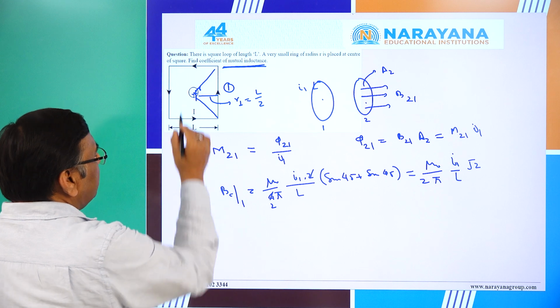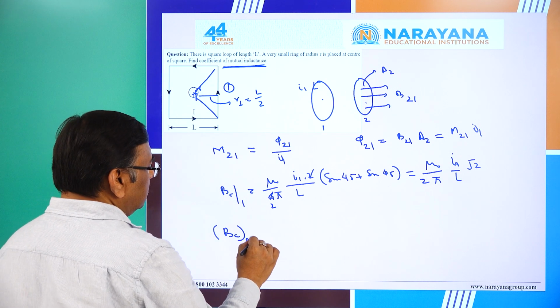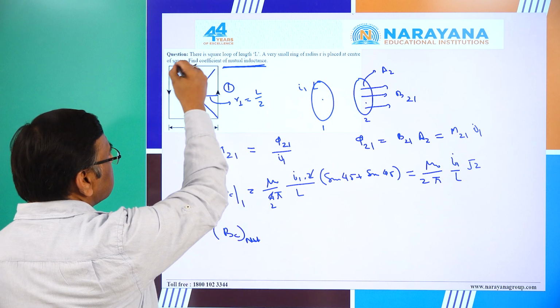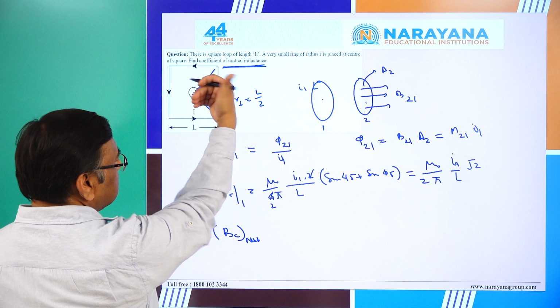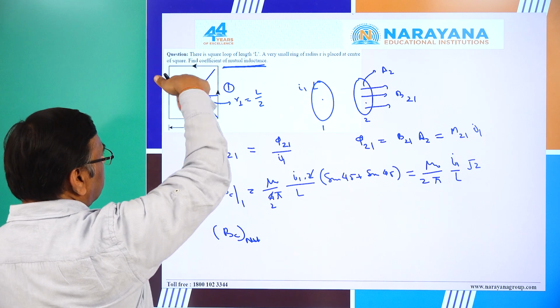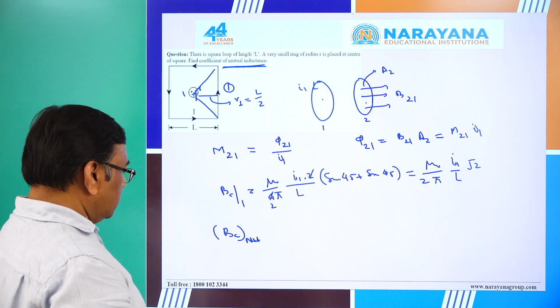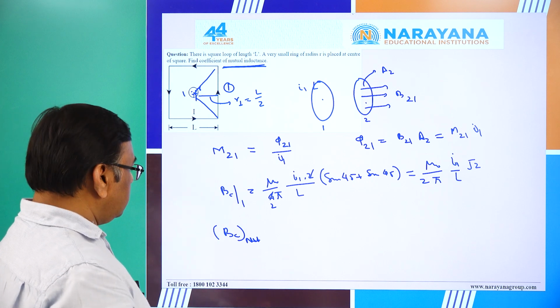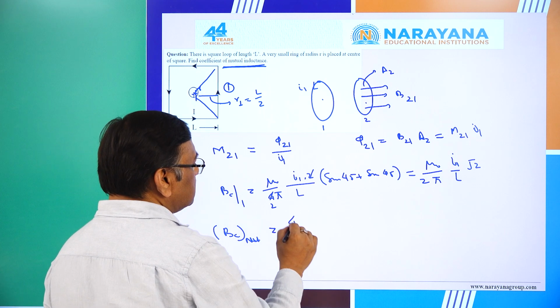What is my total field at the center? B at C, net, because these 4 wires are generating the field in the outward direction. Again you can see by the right hand thumb rule, my thumb indicates that my field is always in the outward sense. So the total field is 4 times this field.